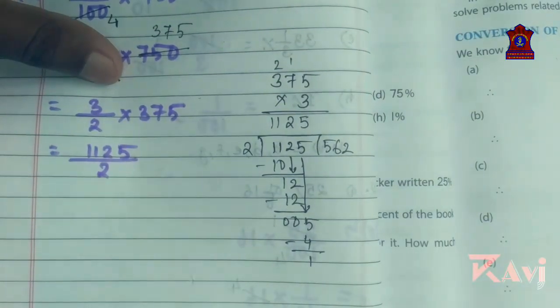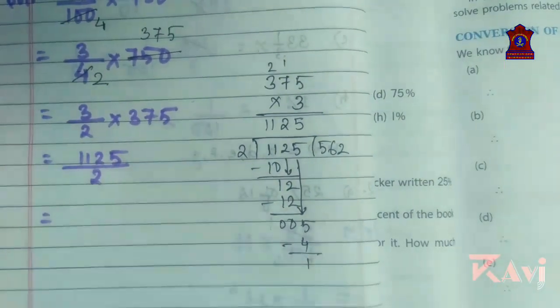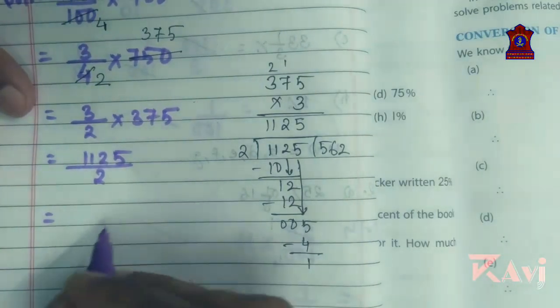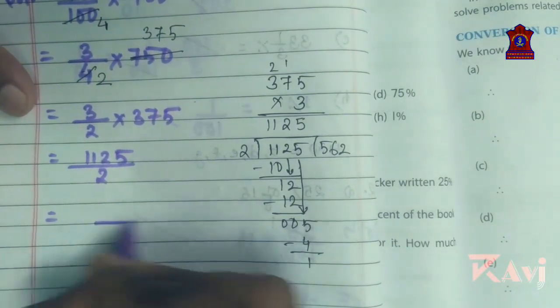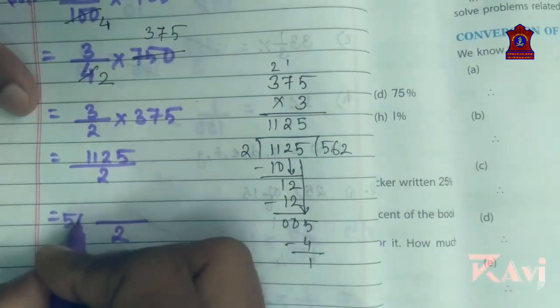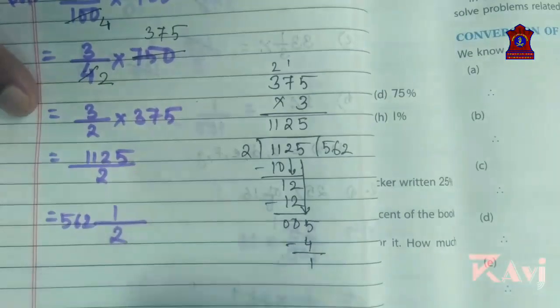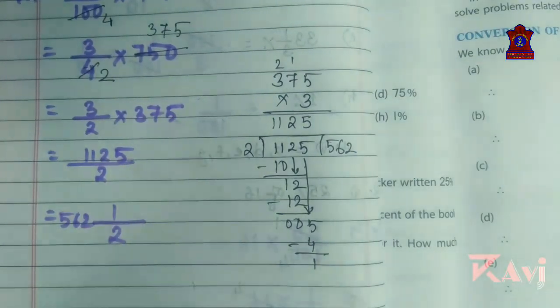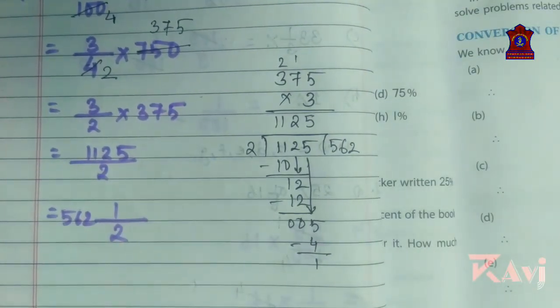Okay, so we are getting the answer as 2 will be the denominator, 562 whole 1 by 2.